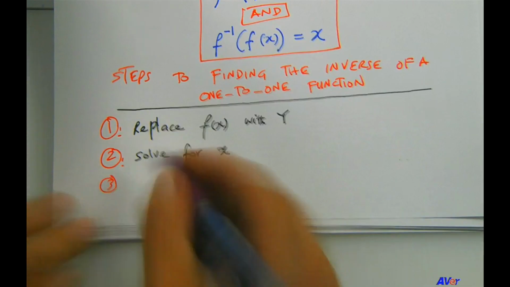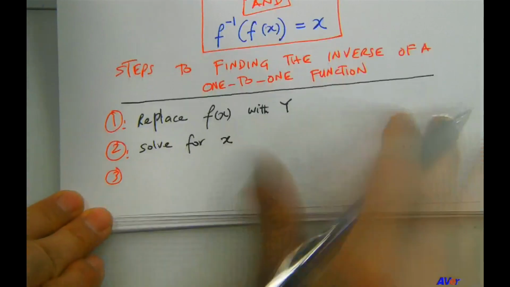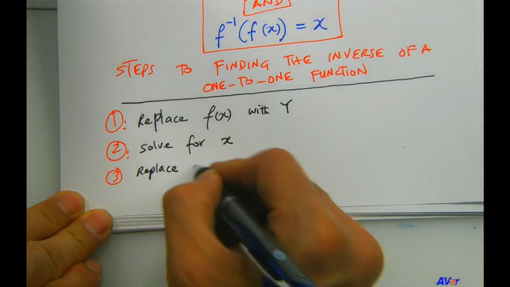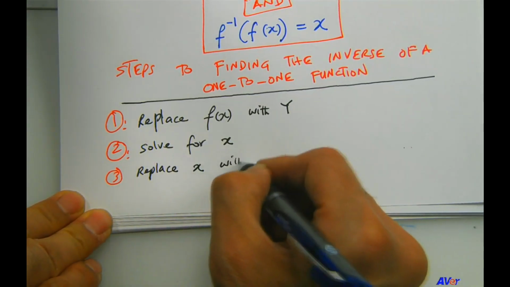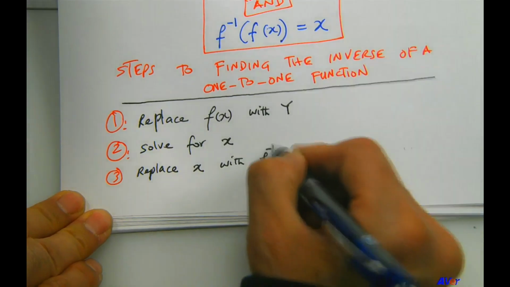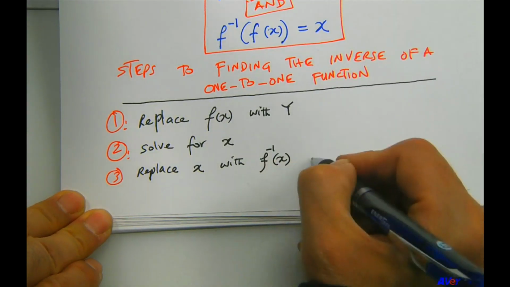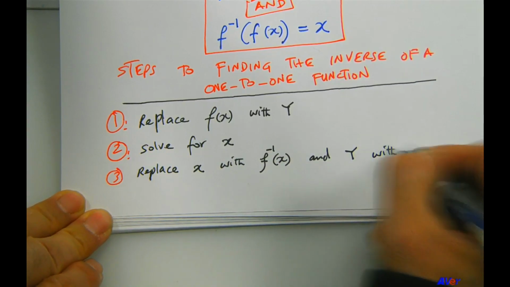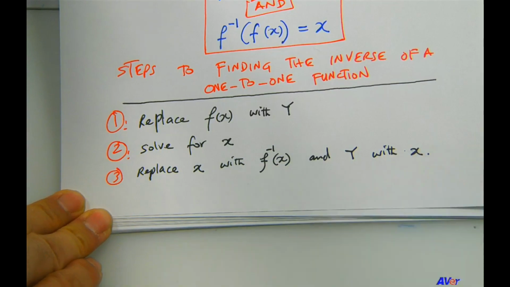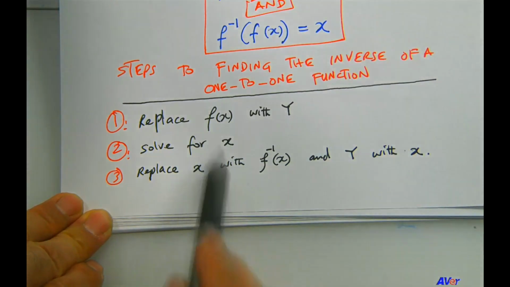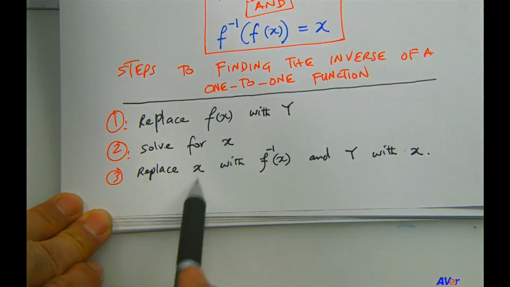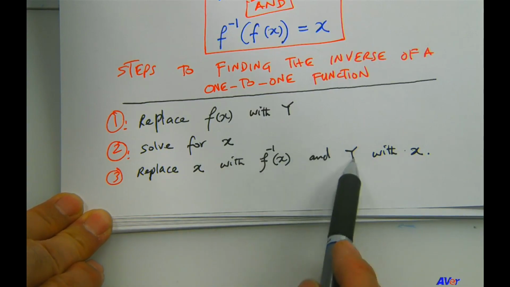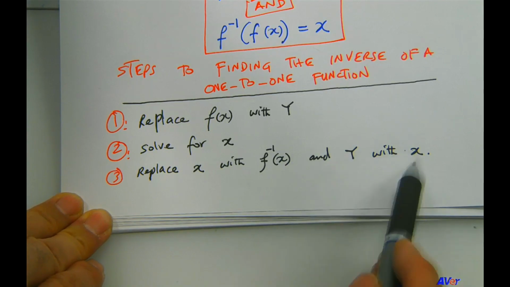And then finally, once you're done with step 2, replace x with f inverse of x notation and y with x. So once you solve for x, you replace x with the inverse function notation, and you replace y in that final result with x.